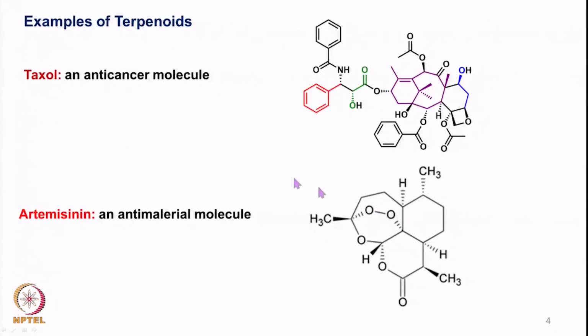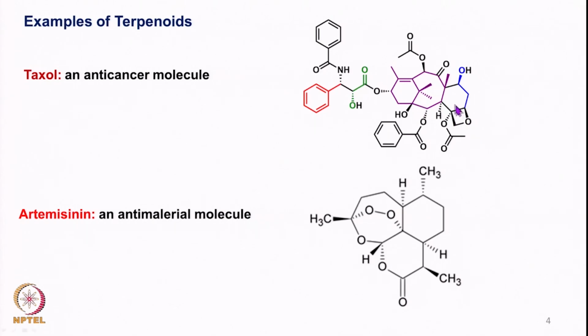Then we have an example of a terpenoid. This is a very interesting molecule which is called Taxol. It is a very important anti-cancer molecule. The structure of Taxol is like this; it is one of the natural products isolated from a tree called the yew tree.